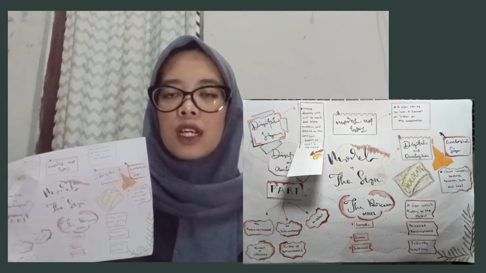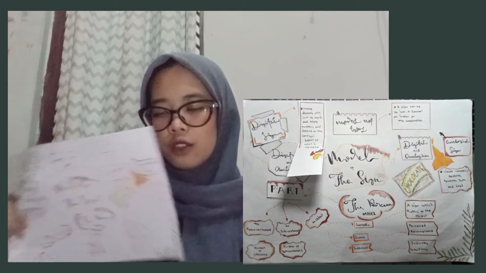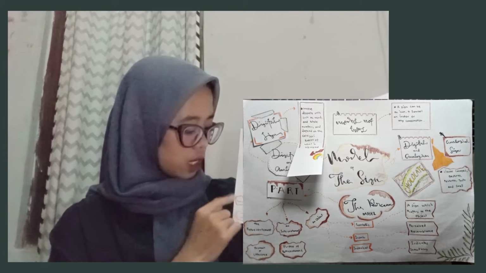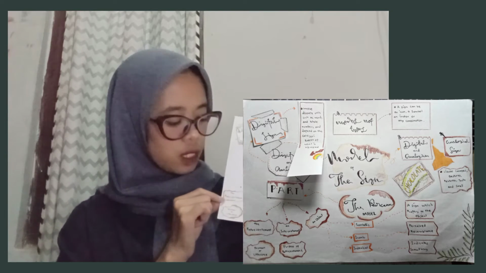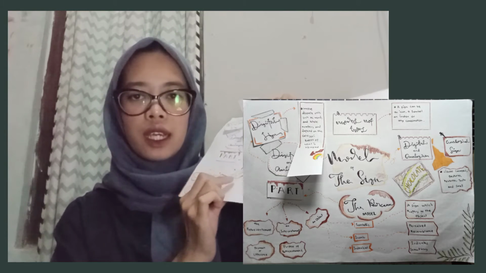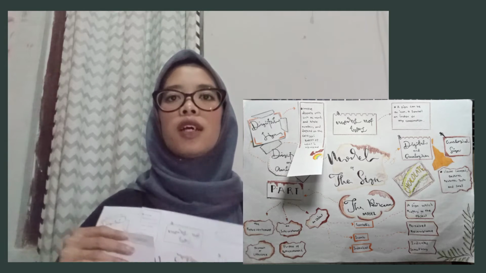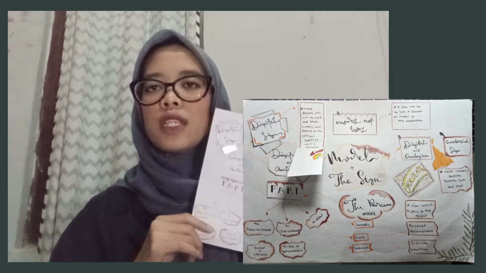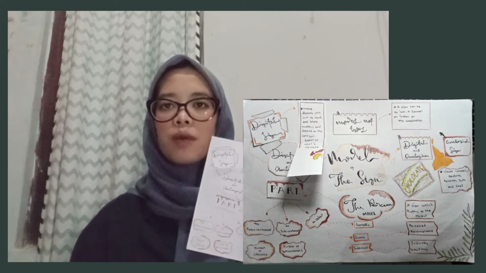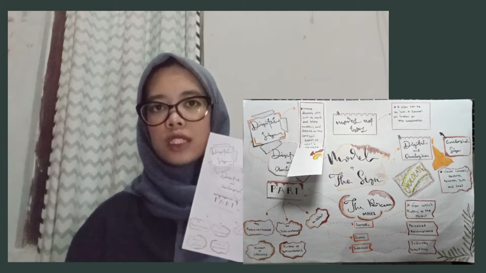Peirce offered a three-part model consisting of, the first part is the representamen, and then an interpretant, and then an object. The representamen is the form which the sign takes, called by some theorists the signifier.